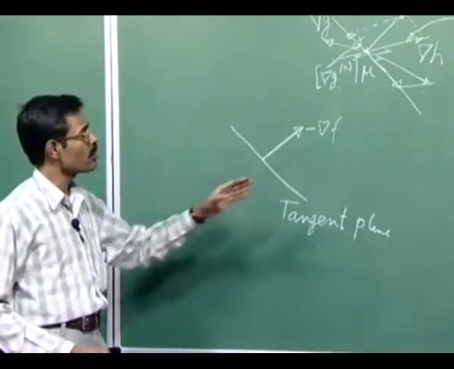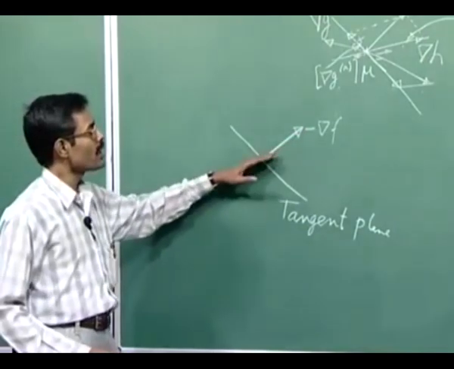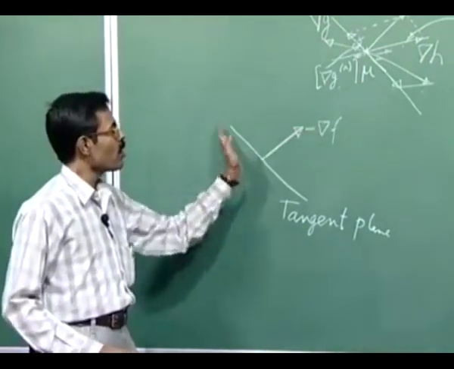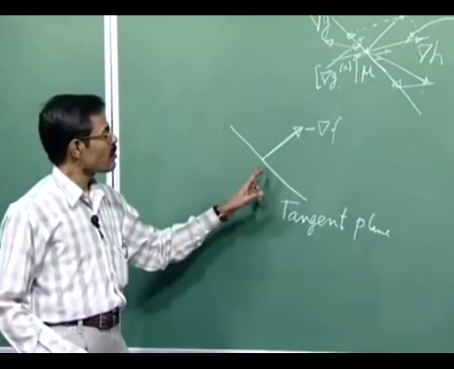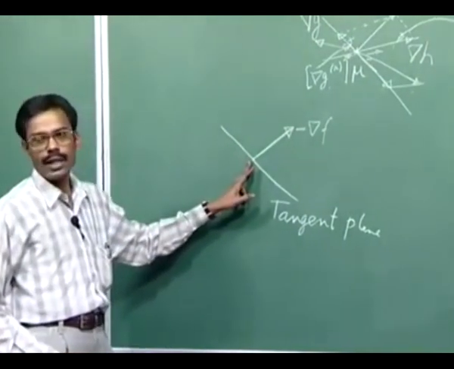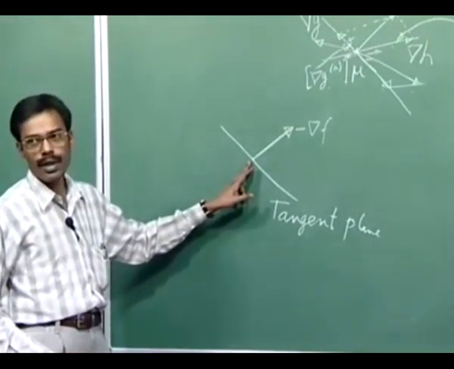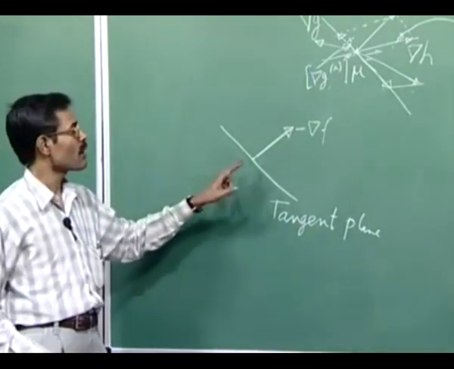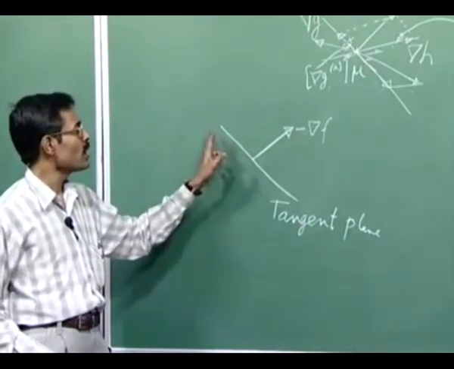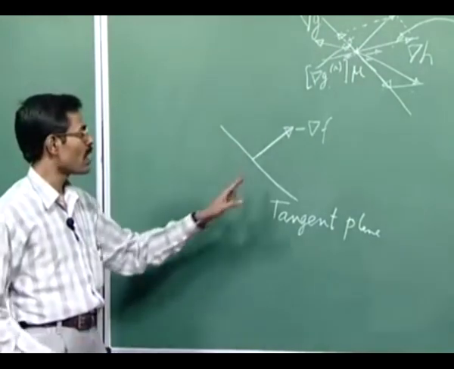So, since that is not allowed, we are sure that the negative gradient of the function must be orthogonal to the tangent plane. So, along the tangent plane from this point there will be no possibility of a first order decrease, no first order change, because the first order change of the function value in the tangent plane is 0 around this point.